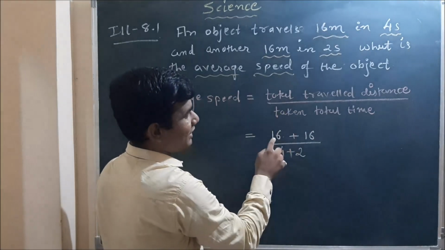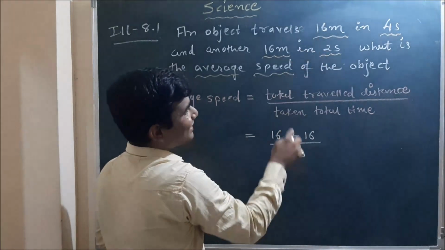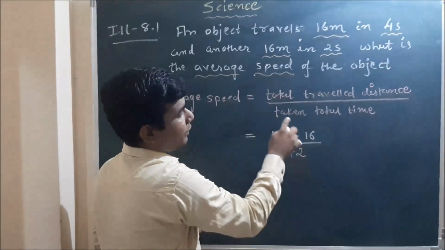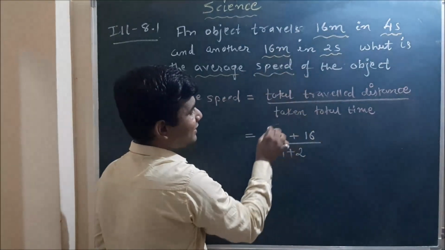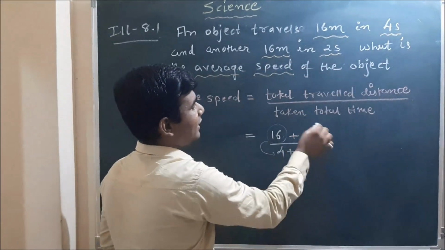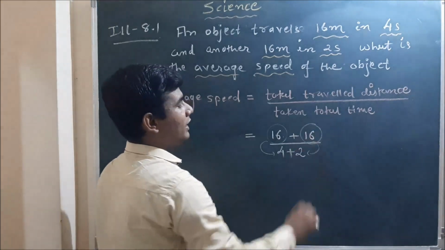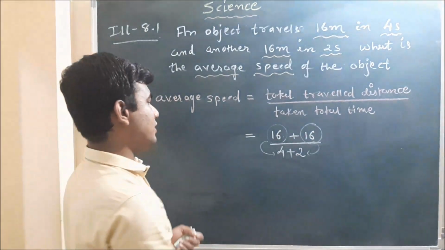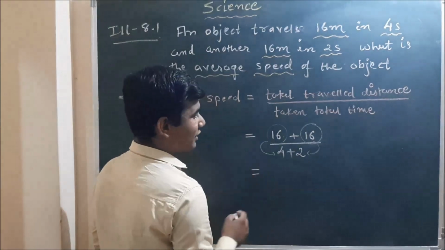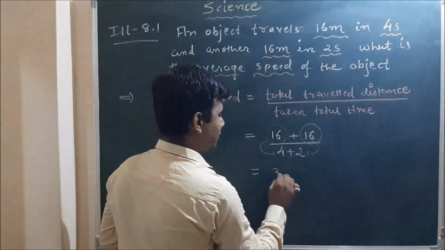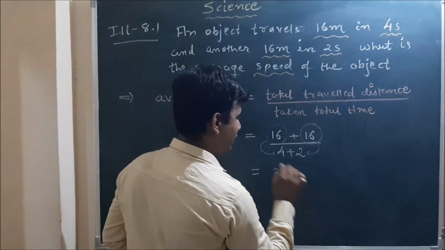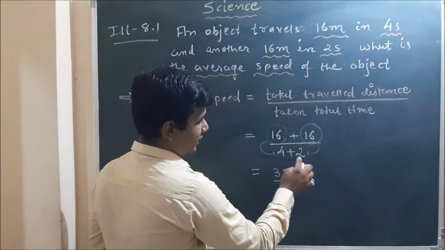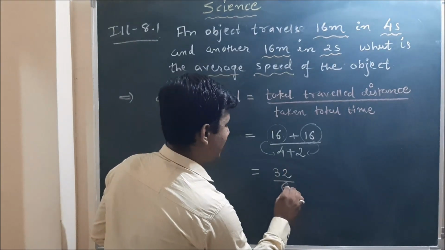So it is very simple. Total distance traveled is 16 meter plus this 16 meter upon total time taken. For the first 16 meter it is taking 4 seconds, and for the other 16 meter it is going to take 2 seconds. So our answer: 16 plus 16 will be 32, divided by 4 plus 2, that will be 6.